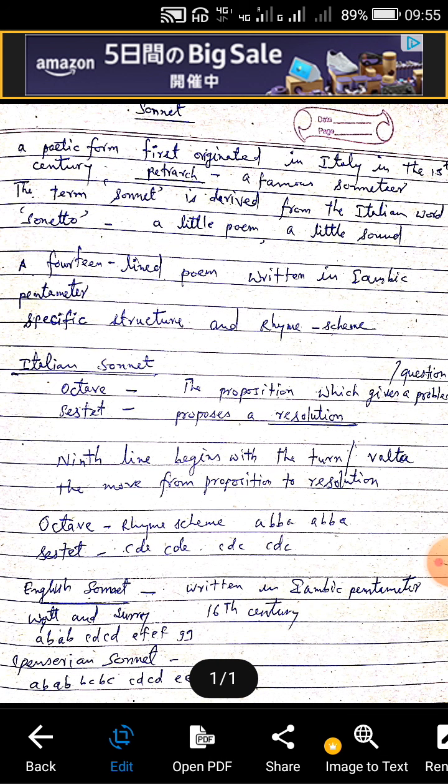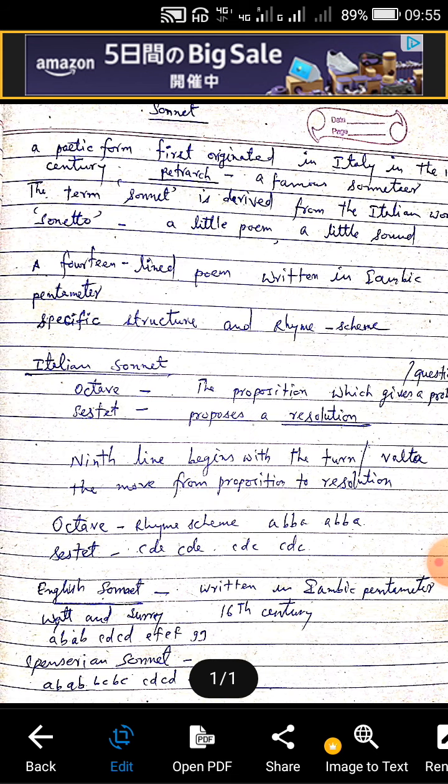The best practitioner of this poetic form is Petrarch, an Italian poet. After the name of Petrarch, the sonnet is known as the Petrarchan sonnet.